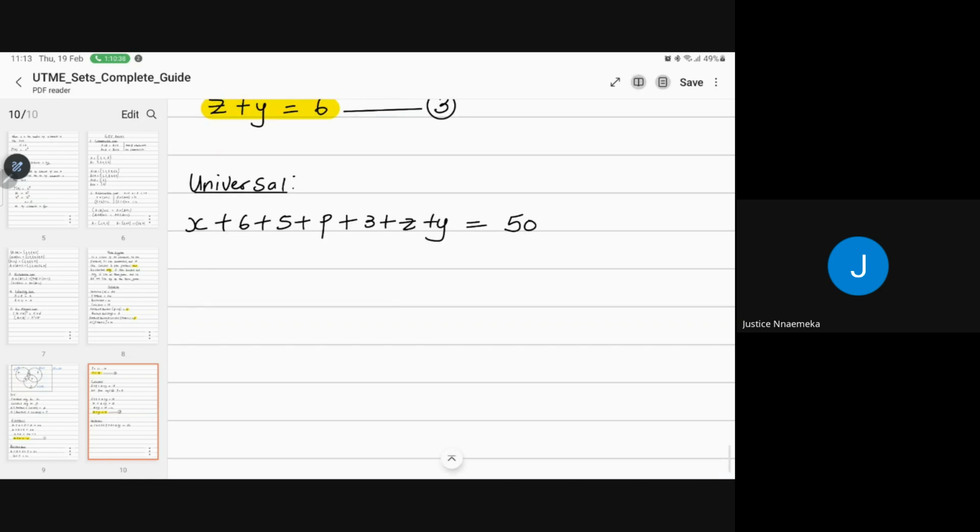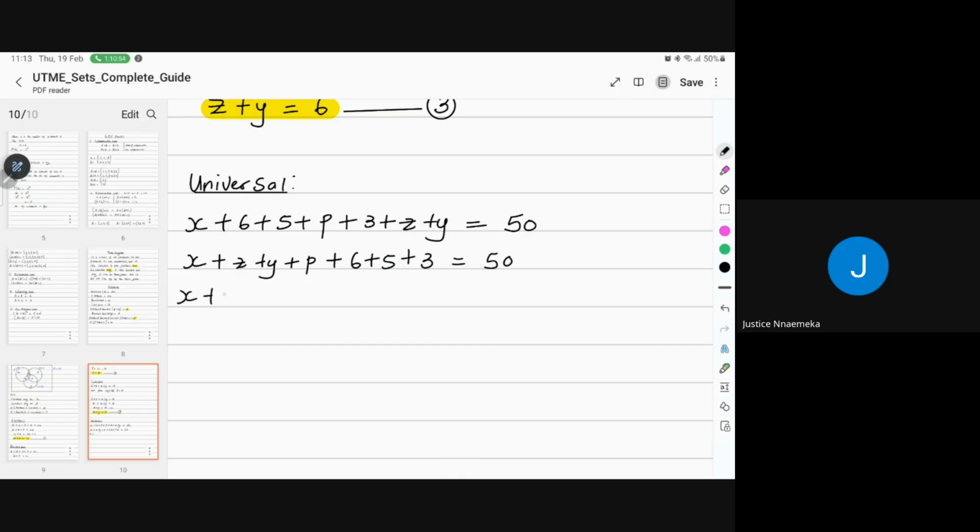Now let's bring it up together. Let's bring those alphabets, x plus z plus y plus p, plus 6 plus 5 plus 3 equal to 50.